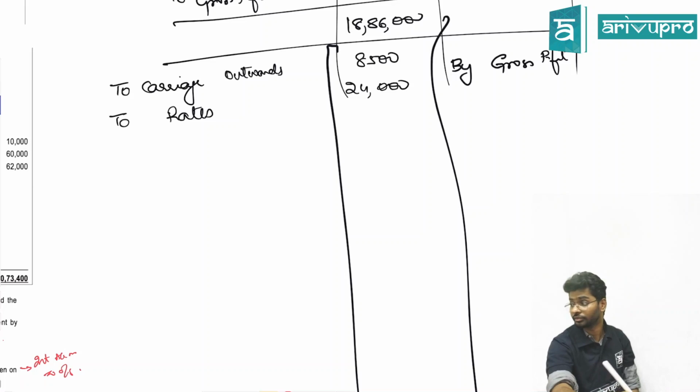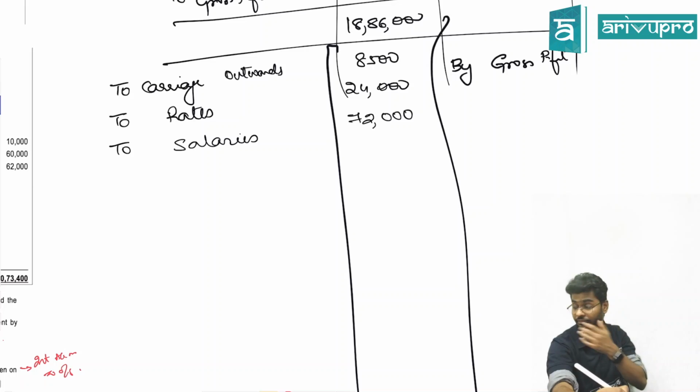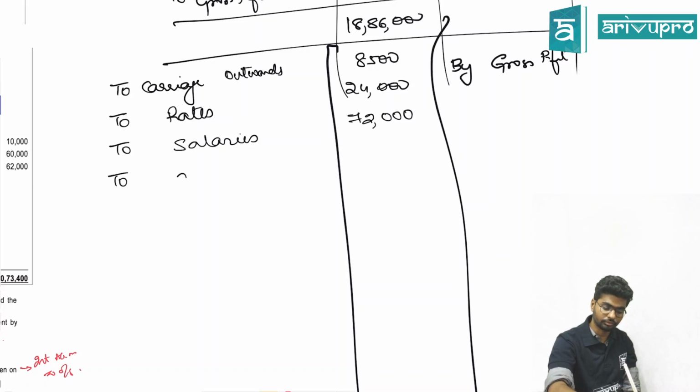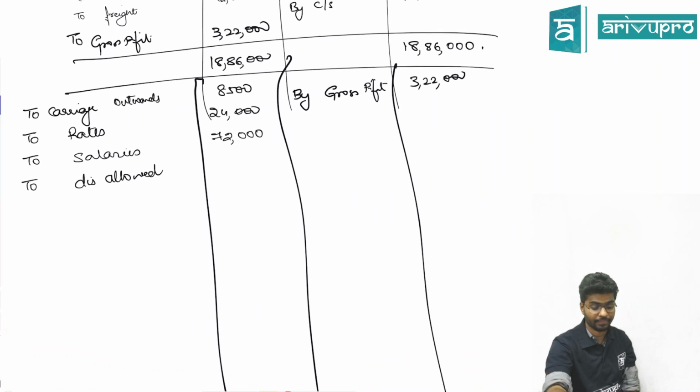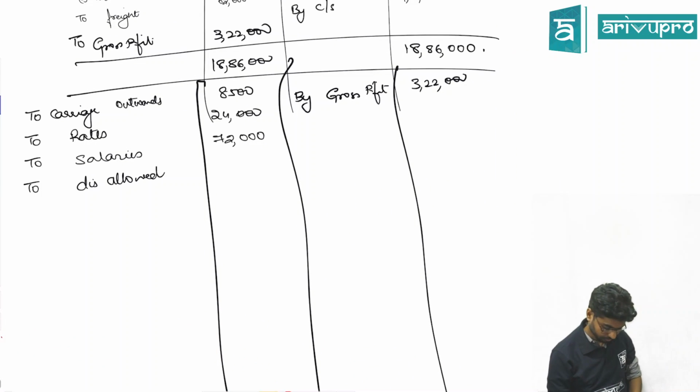Then salary, is there any adjustment? How much? Next one. Discount allowed is an expense. How much? Next.